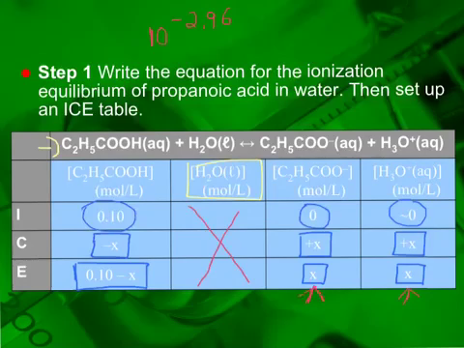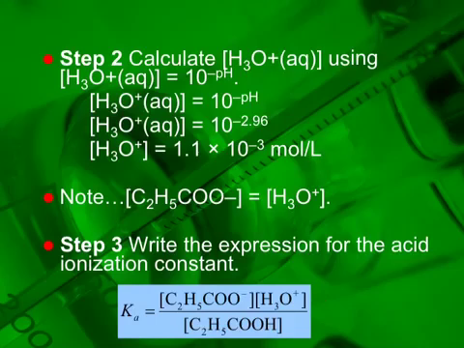We can also determine, using math, the concentration of propanoic acid at the equilibrium. As promised, we can now determine the concentration of hydronium, and it is 1.1 times 10 to the minus 3 moles per liter. Also, this is the same as the concentration of the conjugate base, the propanoate.